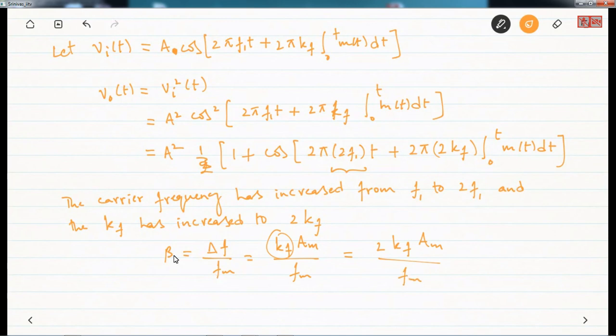See, previously in this signal we have some beta. That beta is equal to kf into am by fm. But after giving this to a square law device, and the square law device output is this, the kf has become 2 kf, so your beta has become 2 beta, right?